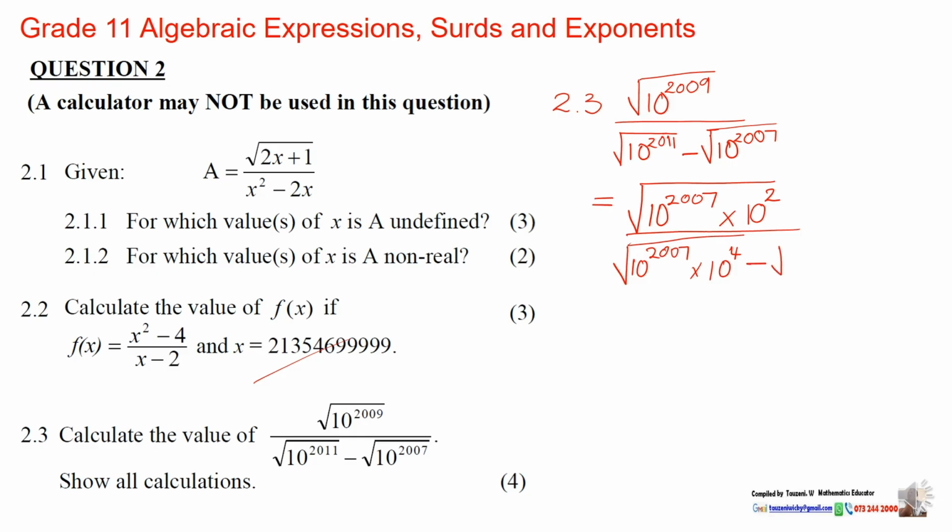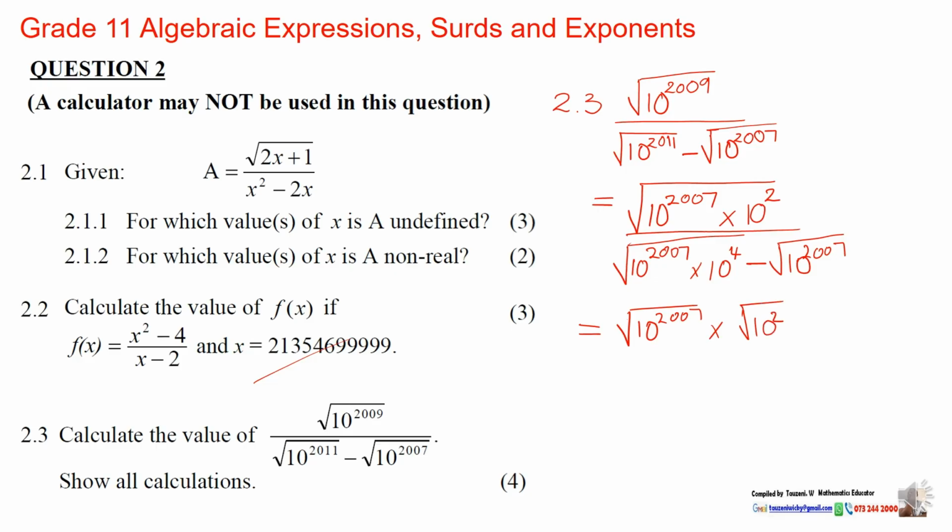Then the next one is the square root of 10 to the power of 2007. Right, now I do factorization. In the top part, we separate these two numbers into two different square roots: the square root of 10 to the power of 2007 multiplied by the square root of 10 to the power of 2.